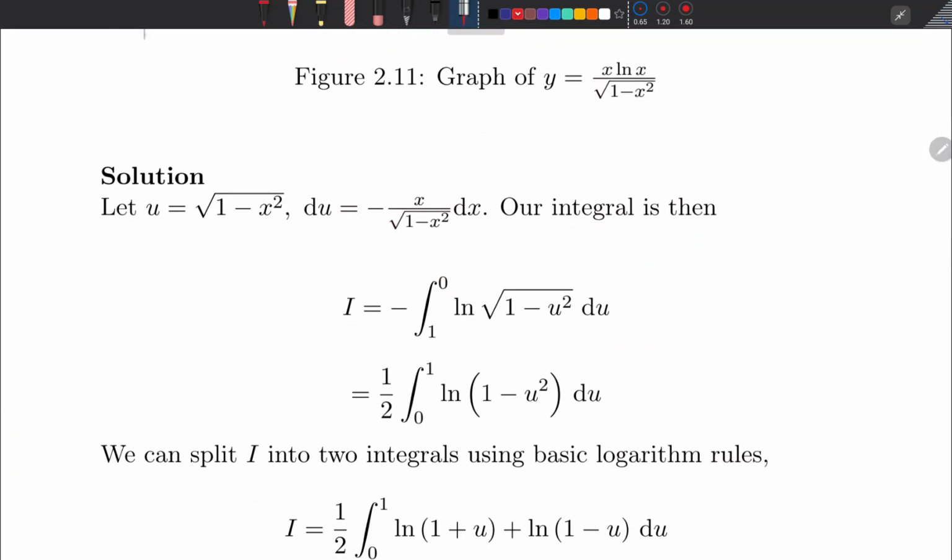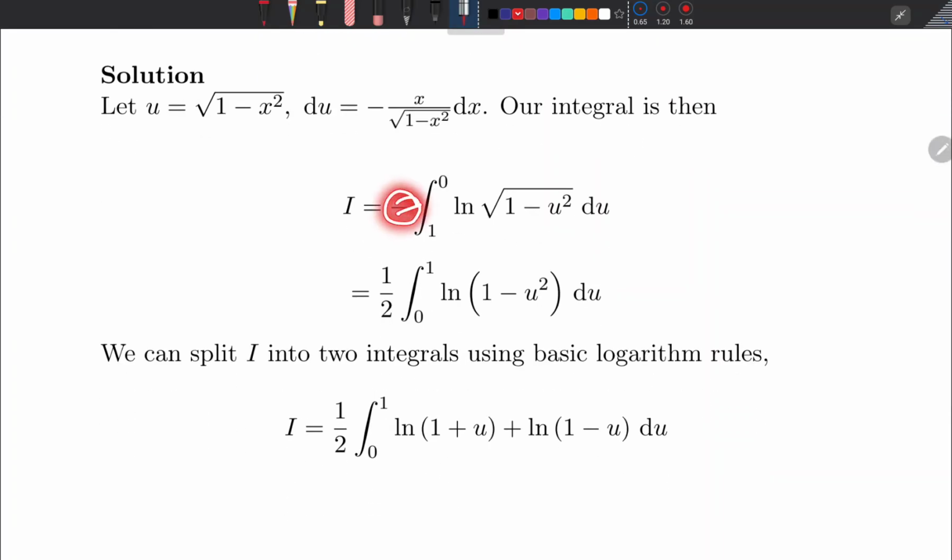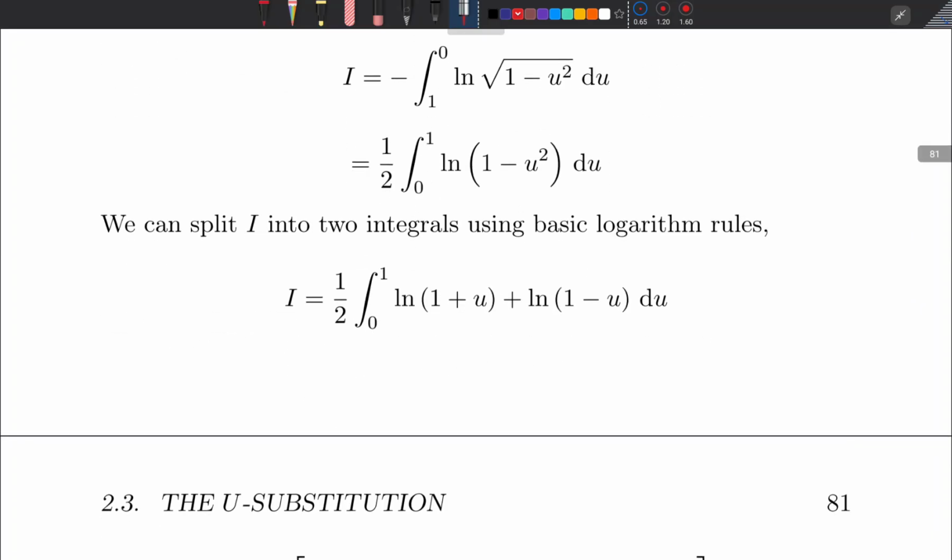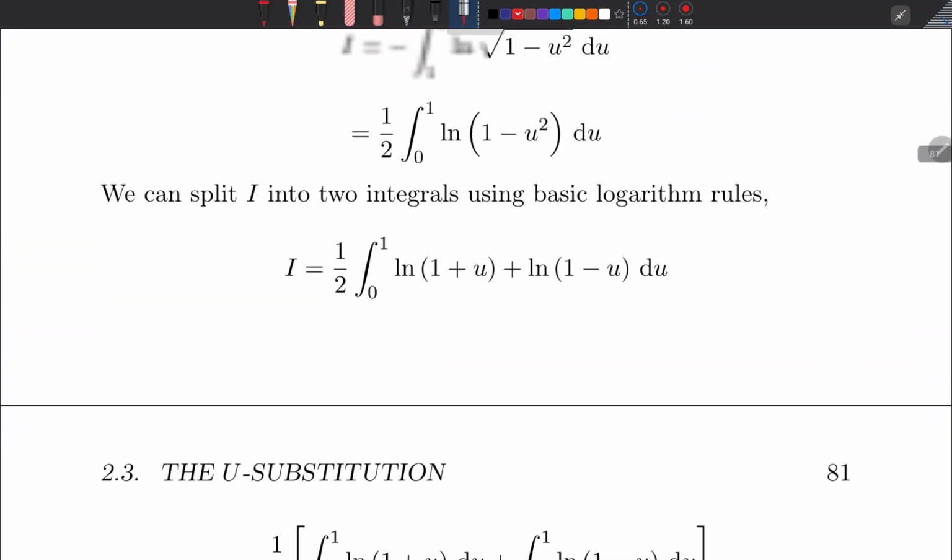Okay, so our integral is now minus times integral from 1 to 0. This minus is gonna help us out with the interchanging of those limits.